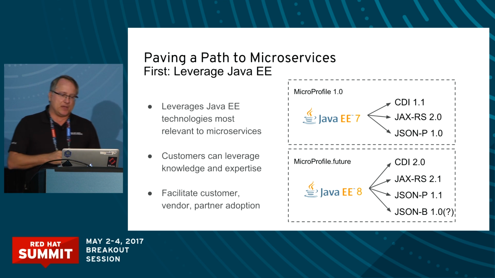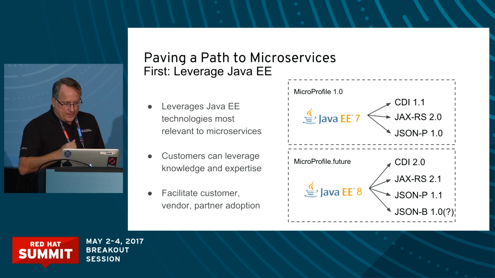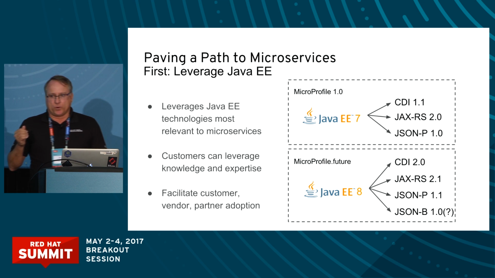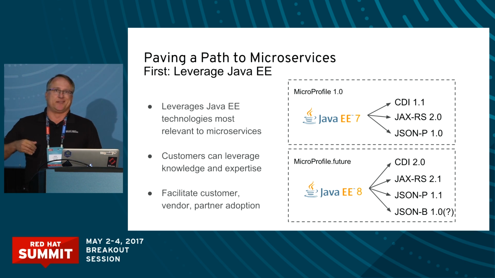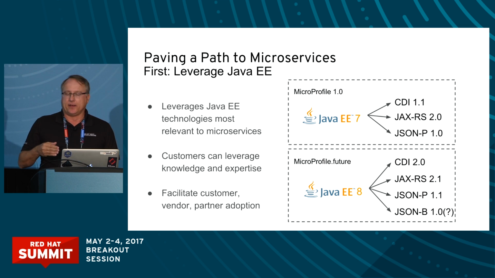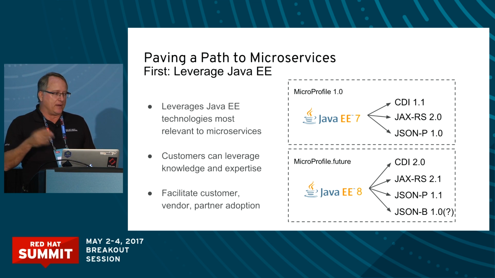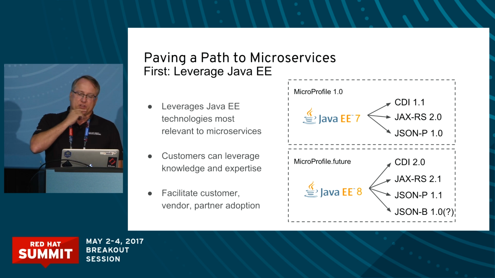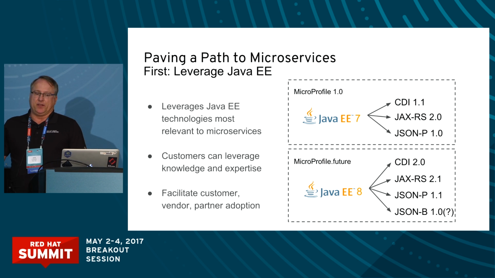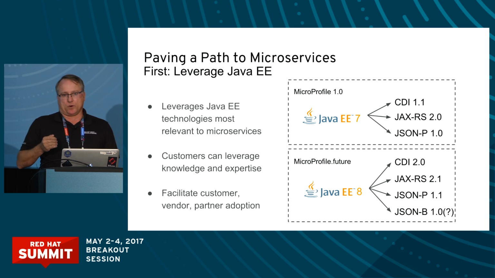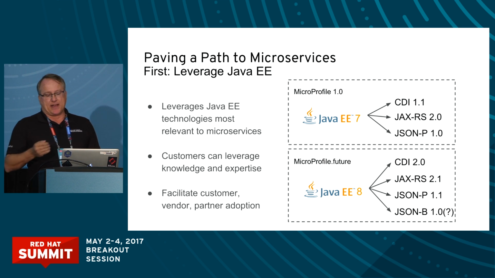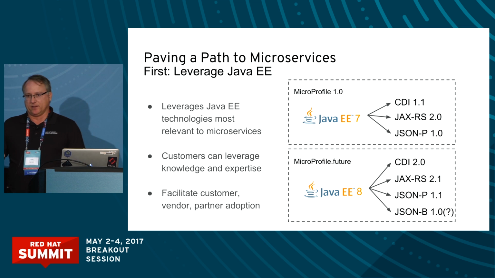So we wanted to leverage Java EE to begin with to just get things kicked off and moving pretty quickly. And now we're also moving forward as we head towards Java EE 8, which Oracle announced is going to happen sometime in July, maybe by JavaOne, right? Even with the Glassfish implementation for Java EE 8. And Java EE 8 updates some of these specifications, right? So we'll get a more current version of CDI, JAX-RS, and JSON processing into MicroProfile.